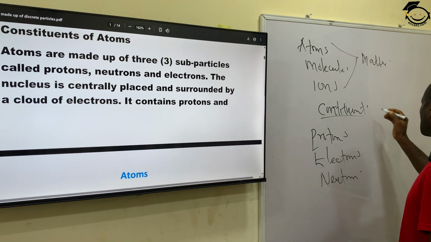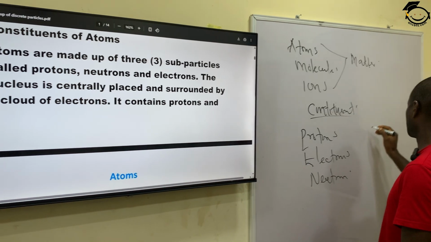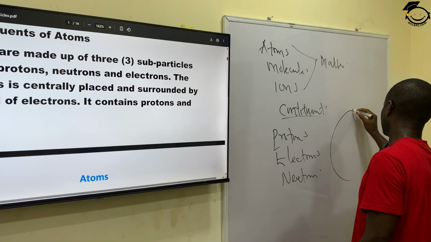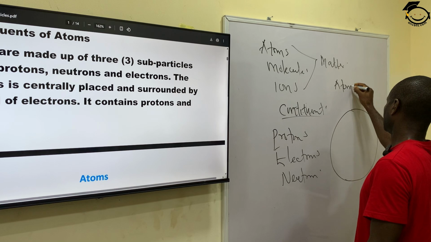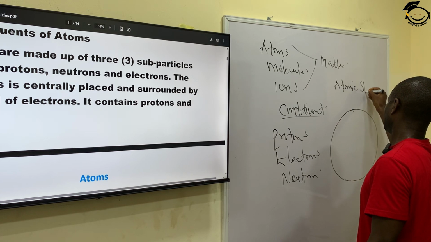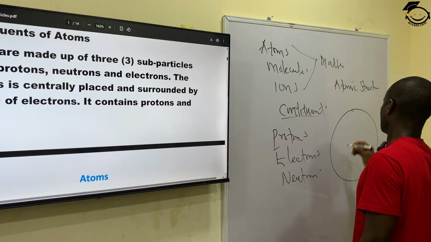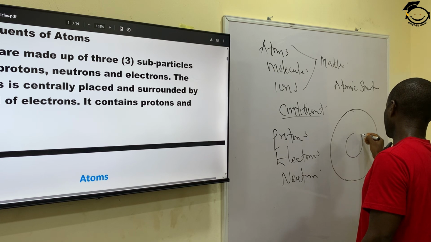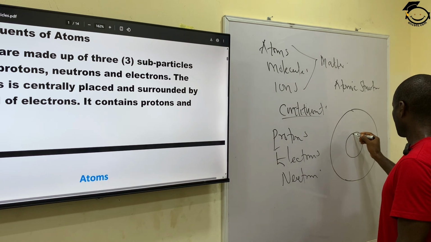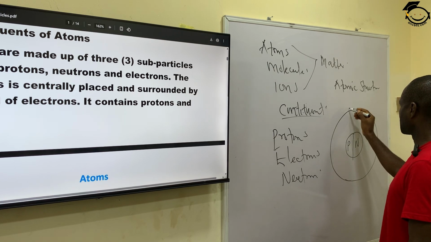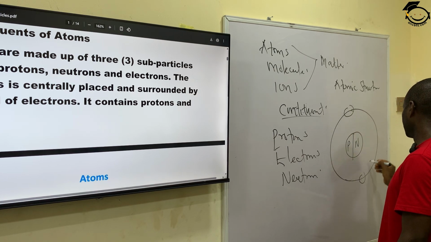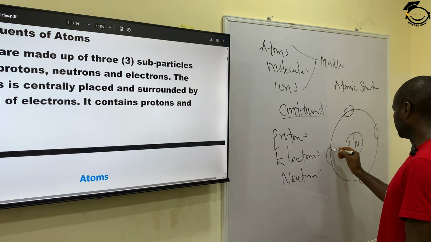An atom has a structure. The structure of an atom, atomic structure, looks like this. We have the central nucleus, which consists of the proton and the neutron, then surrounded by electrons in an orbital form.